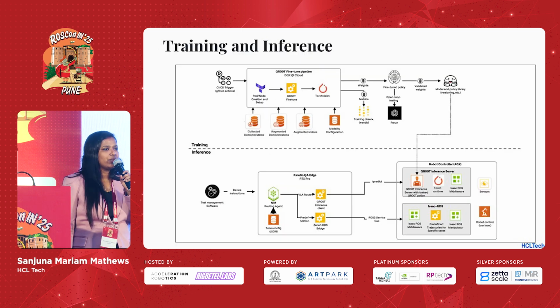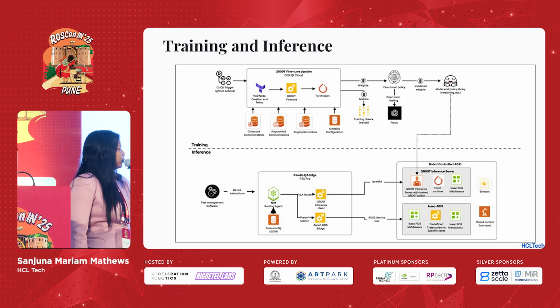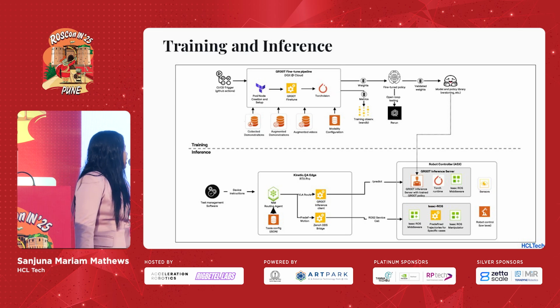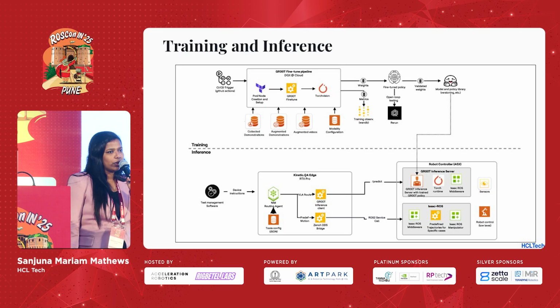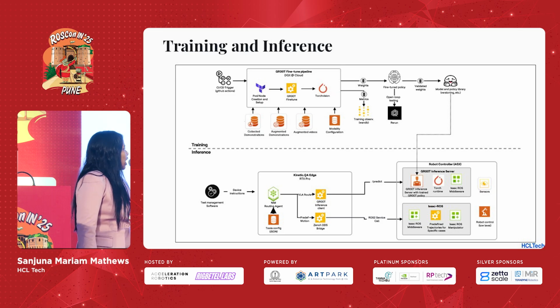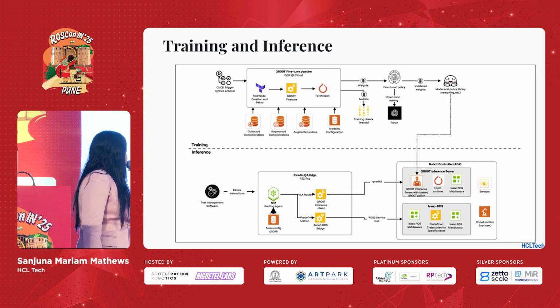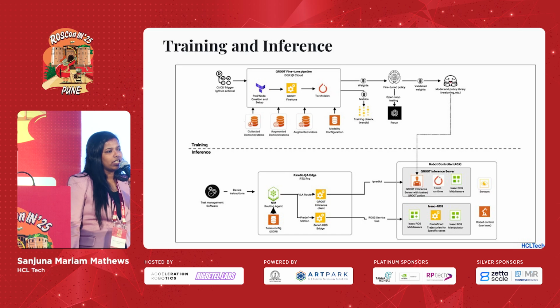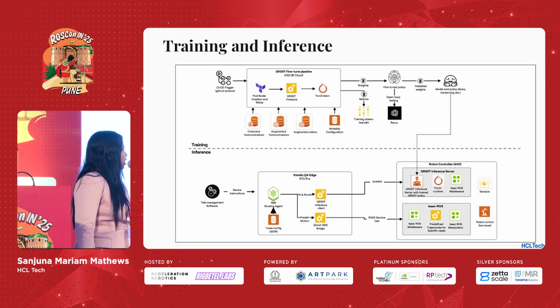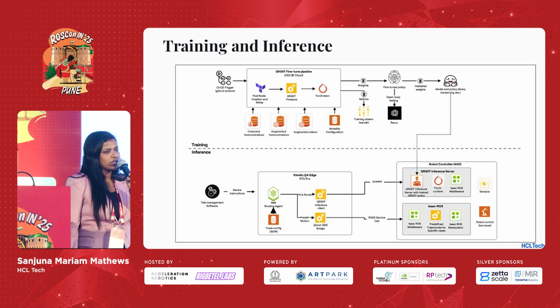So this is the training and inference pipeline. With a CI/CD trigger, we will fine-tune the GROOT model and the trained model we will host in an inference server. For the NIM routing agent, complex tasks that need imitation learning behavior will trigger the GROOT inference server, which will be given the observations.